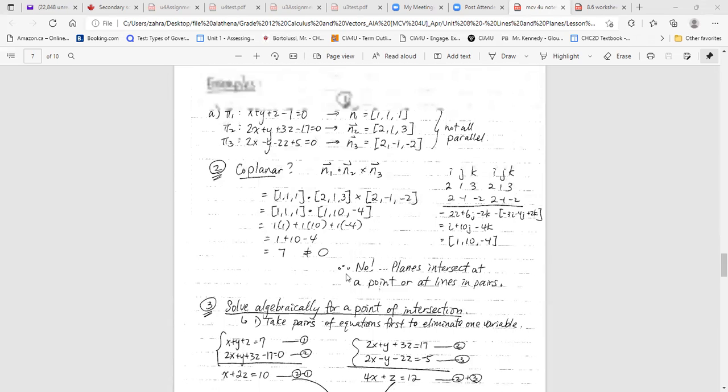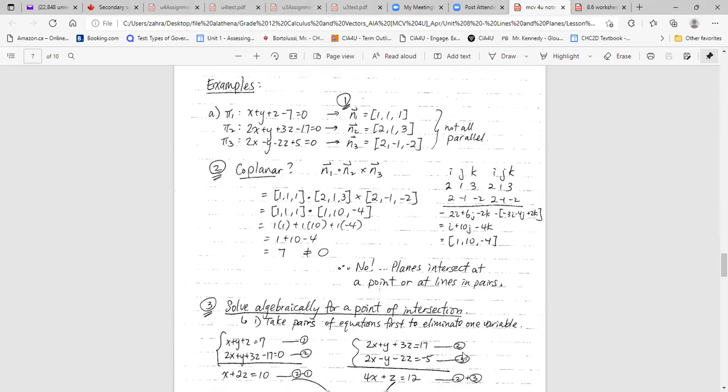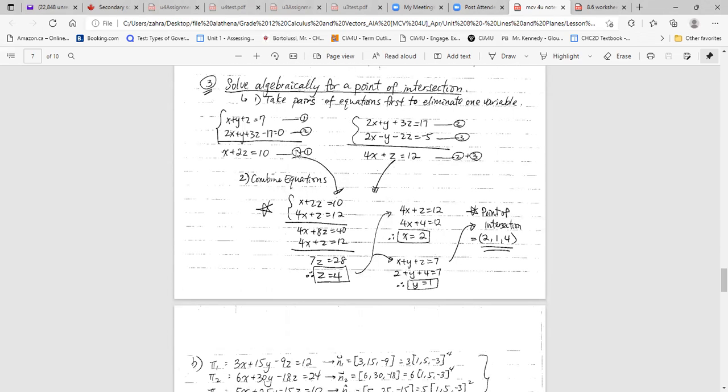We use elimination. So we take the first one and second one here, and here we take the second one and third one, right? First one and second one, we subtract to eliminate y. So 2x minus x is x, y minus y cancels, 3z minus z is 2z.